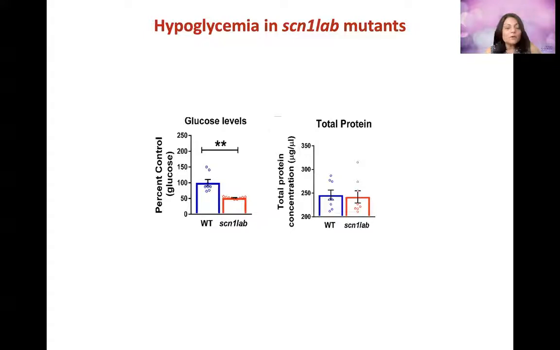And so we don't know what was happening in the brains versus the periphery. And when we looked at total protein concentrations in these zebrafish, there was no difference, which suggests that there was a specific decrease in glucose concentrations or levels in larval SCN1LAB zebrafish.